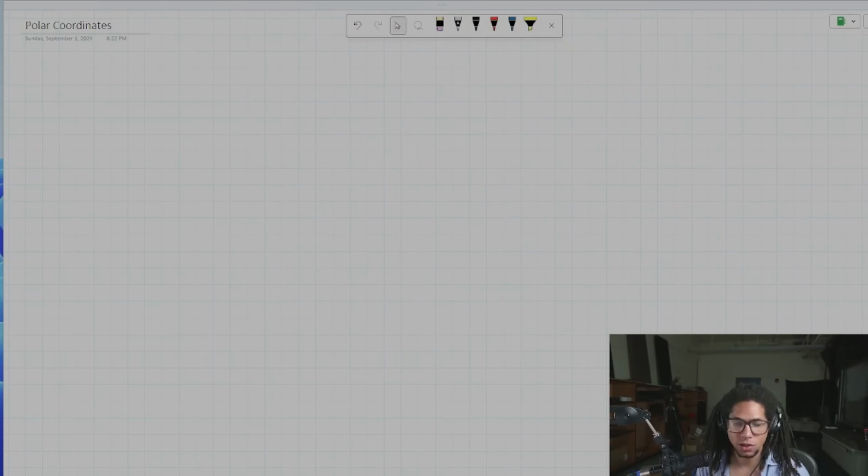This will allow us to do more intensive calculations in Microsoft OneNote, where I can write things down much faster than on the Lightboard. All right, so let's switch into a screen where we can actually see what's going on. And again, the goal is to figure out Newton's second law written in polar coordinates.